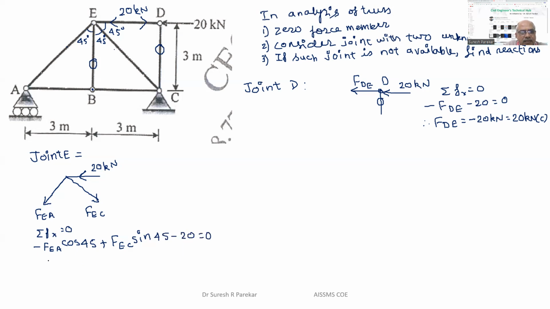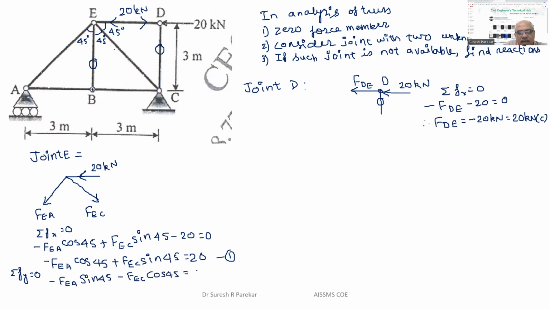And we get this equation: minus FEA cos 45 plus FEC sine 45 equal to 20. This is equation 1. Then apply summation Fy equal to 0, both are downward. So we have minus FEA sine 45 minus FEC cos 45, and that is equal to 0.